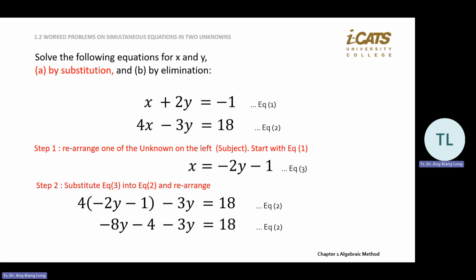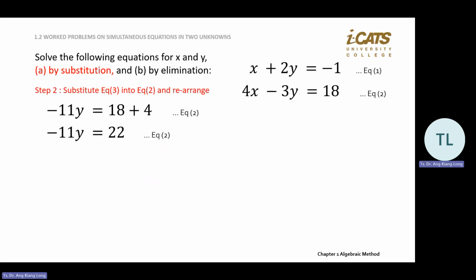Minus 4 moves to the right-hand side, plus 4. So continue. It means all your unknowns are always on the left-hand side of the equation. You solve it. At the end, I want to see y equal to 22 divided by 11 equal to minus 2.